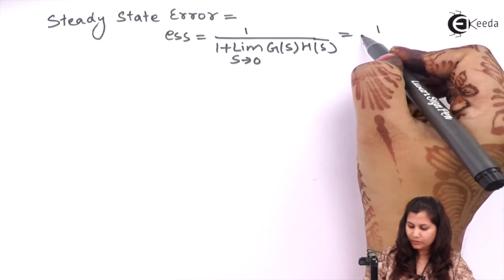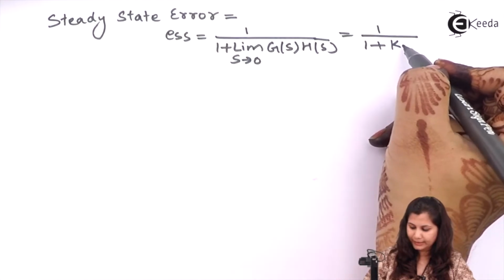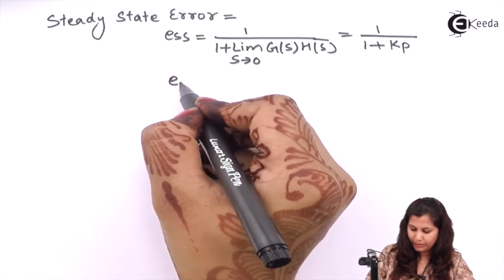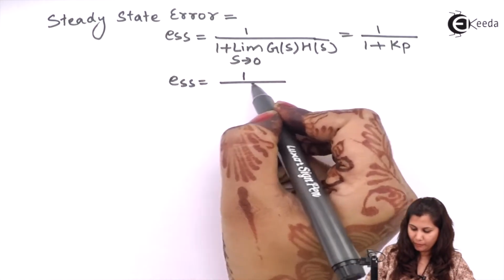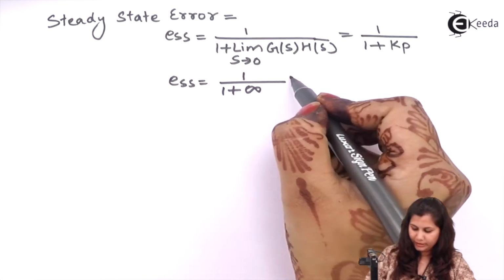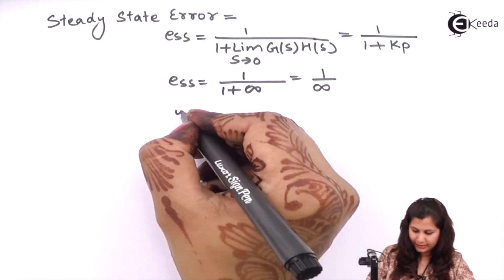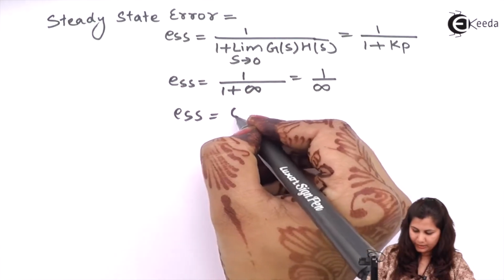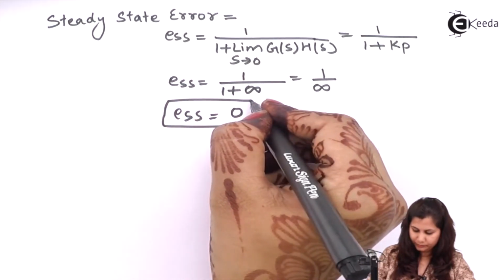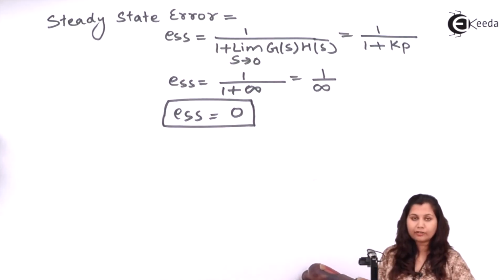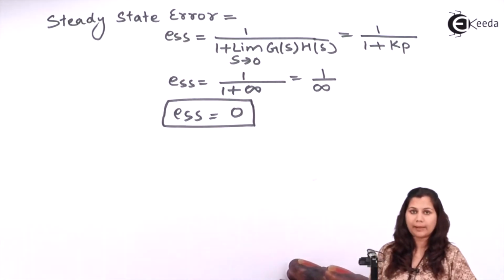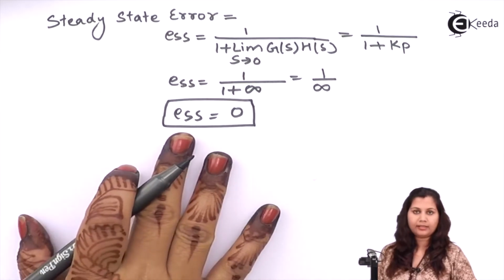That means it is equal to 1 upon 1 plus Kp. Now Kp is infinity, so 1 upon 1 plus infinity will be 1 upon infinity. That means ESS equals 0. So the steady state error for a type 2 system with step input is 0.